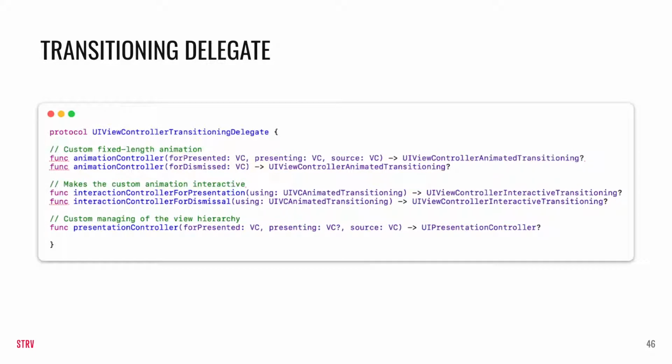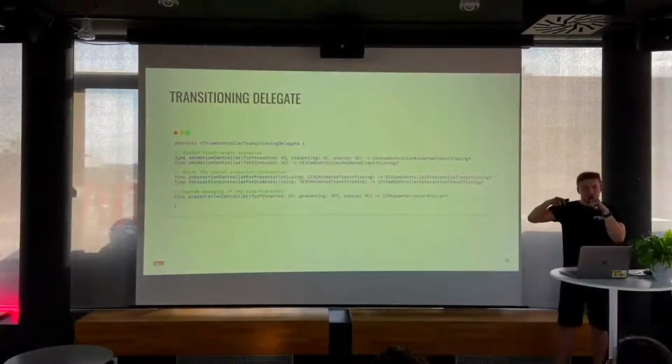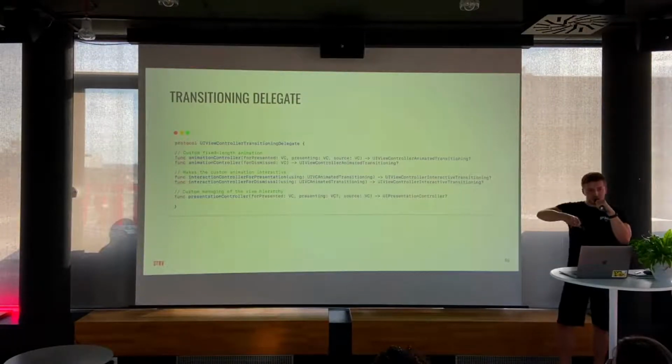The protocol looks like this. You can see 5 methods. All of them are optional. That means you don't have to implement them at all. In that case, UIKit will use the default version of those objects. And see that there are duplicated methods for animators. And that's because you can provide different objects for presentation and dismissal.